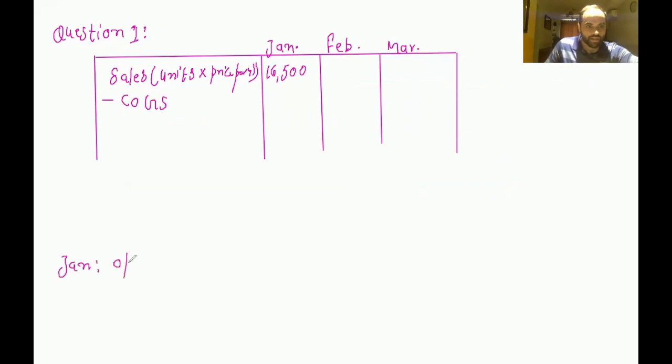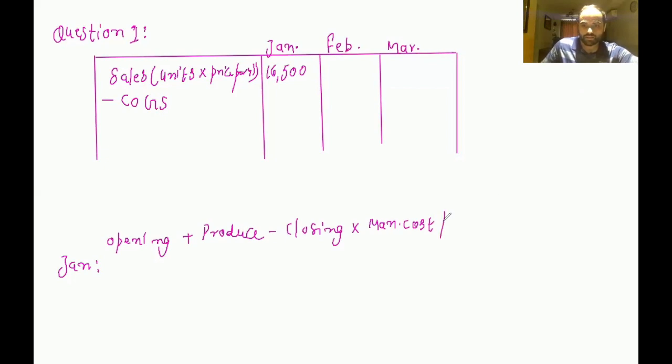So the formula is opening plus produce less closing and multiply by manufacturing cost per unit.